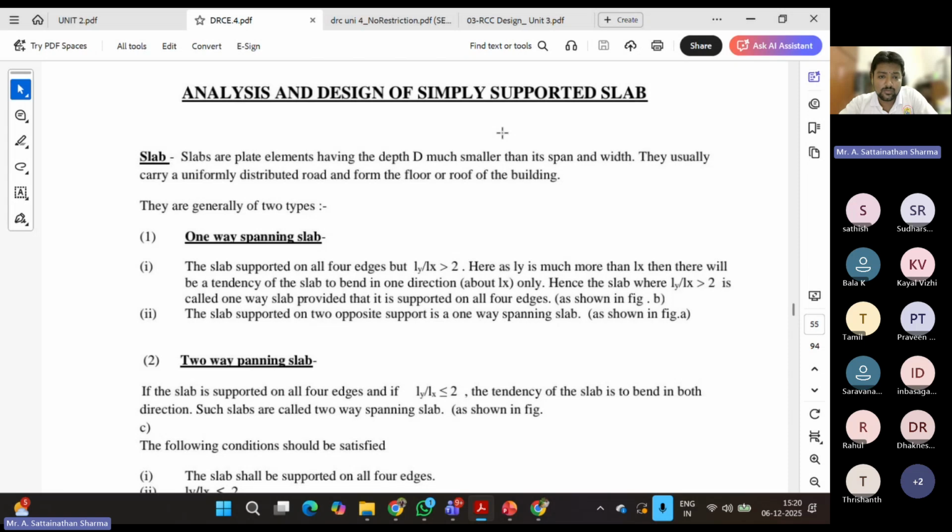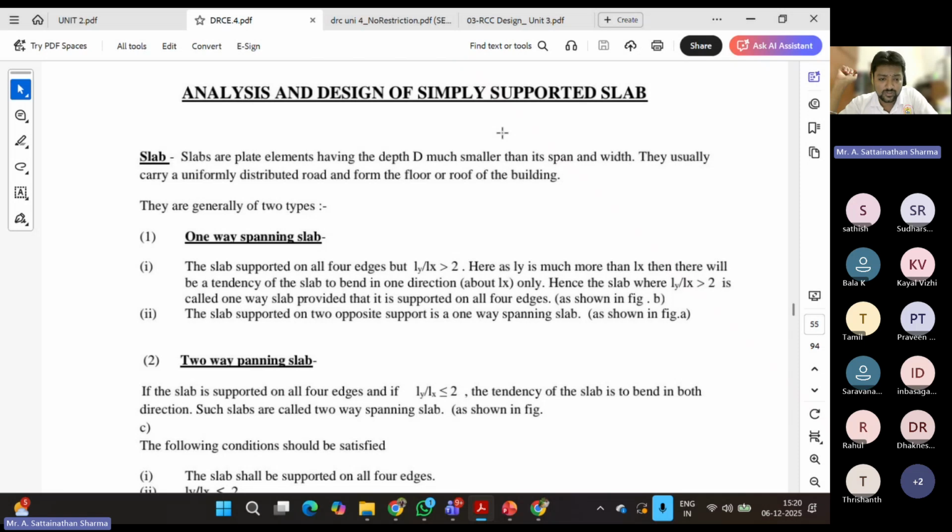You know what is the moment for a simply supported beam with UDL? What is it? W L square by 8. When it comes to cantilever, then it is W L square by 2. This is what you have done in strength of materials. That's why I keep on saying strength of materials is a base for the other subjects. So it's very clear, very simple as well.